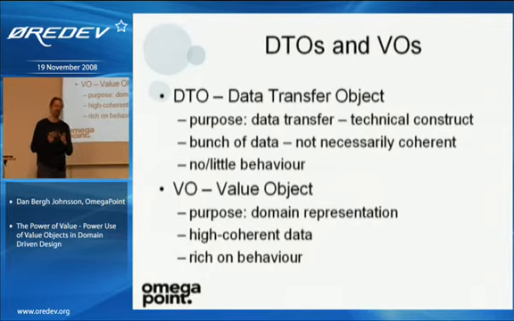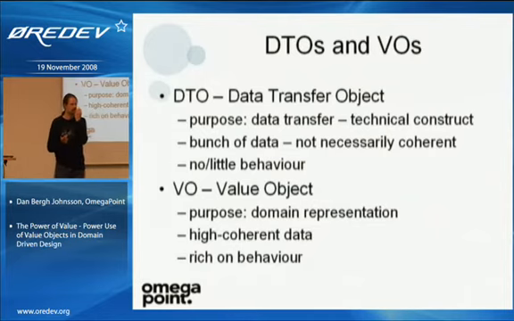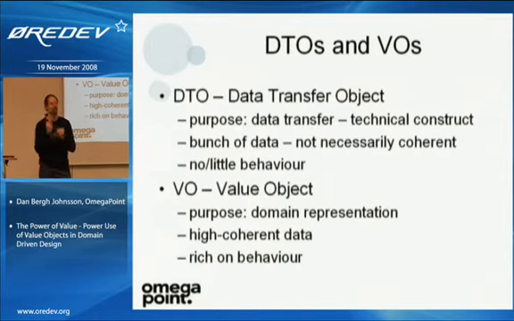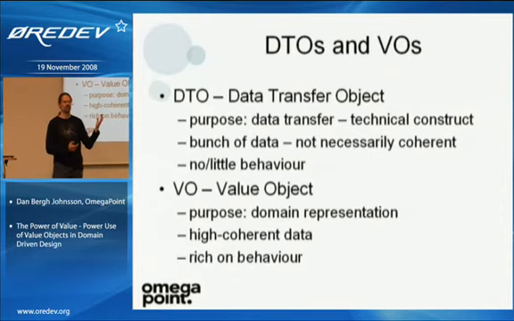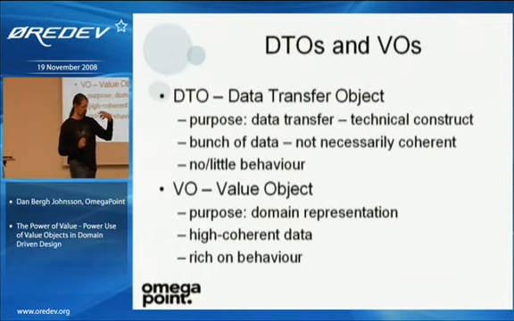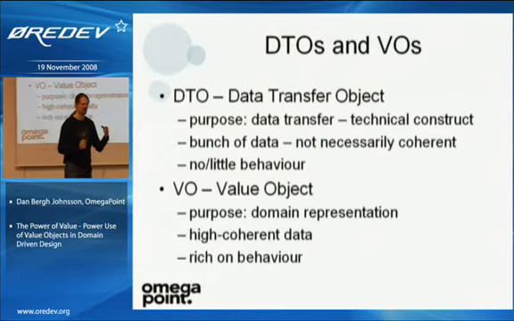And the bunch of data in a DTO does not necessarily need to be coherent. It can be very disparate. So to turn that into a domain object will give us a very weird domain object, which we will not be able to give a crisp name. And when we go to the domain experts and try to start talking about this, they will go, what?